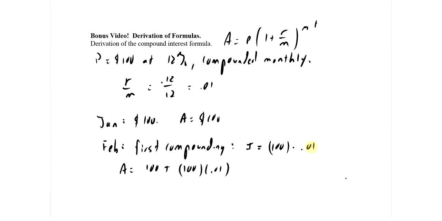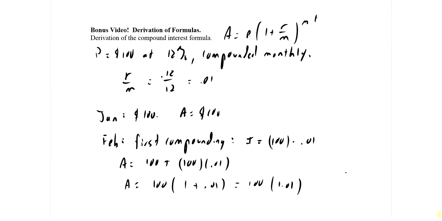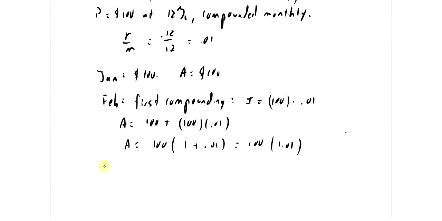And the reason why I'm not multiplying this out is because I want to actually factor out my 100 here and say that this is 1 plus 0.01, or the amount in your account is 100, which is your principal, right? That's the P times 1.01. Excellent. And that's after your first compounding.